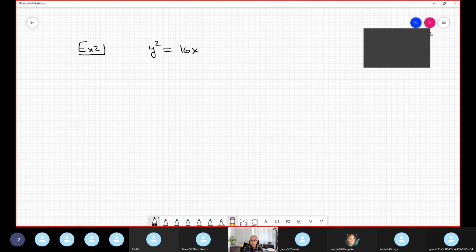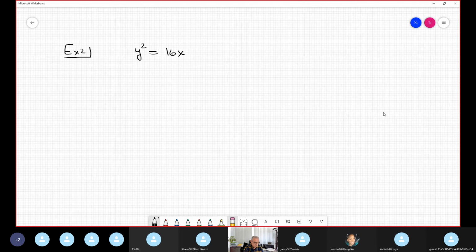Okay. Number 1, identification of what kind of parabola we have. And it's obvious that we have a horizontal one, because for any horizontal parabola the formula is y squared equals 4px, right?